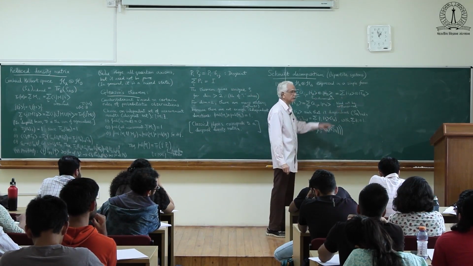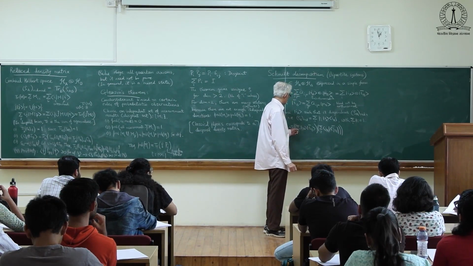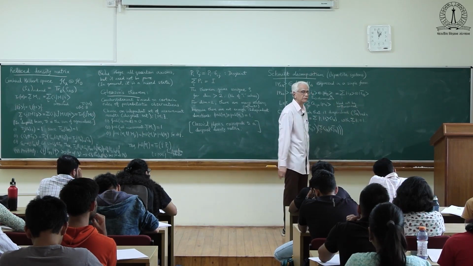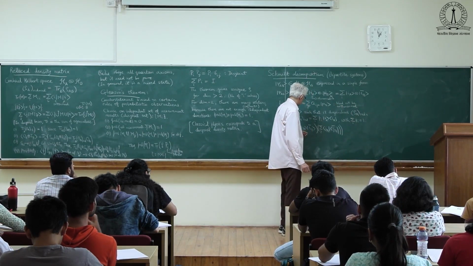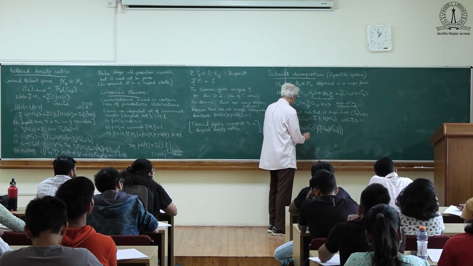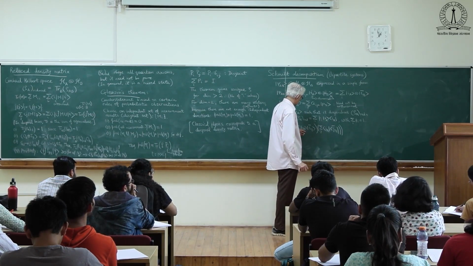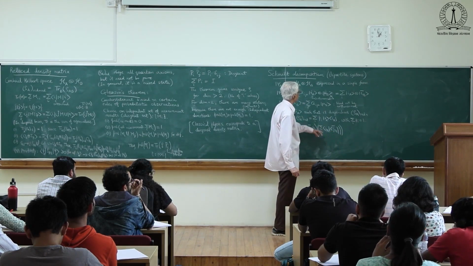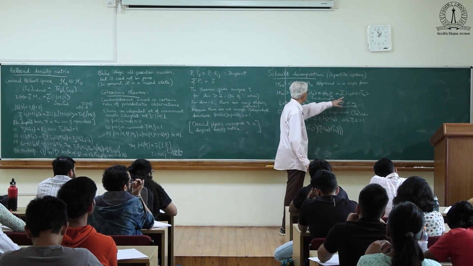So I took this particular form, and the density matrix is the outer product of this with itself. So this is an outer product. This is the ket, this is the bra, and to avoid confusion, both of them have sums.